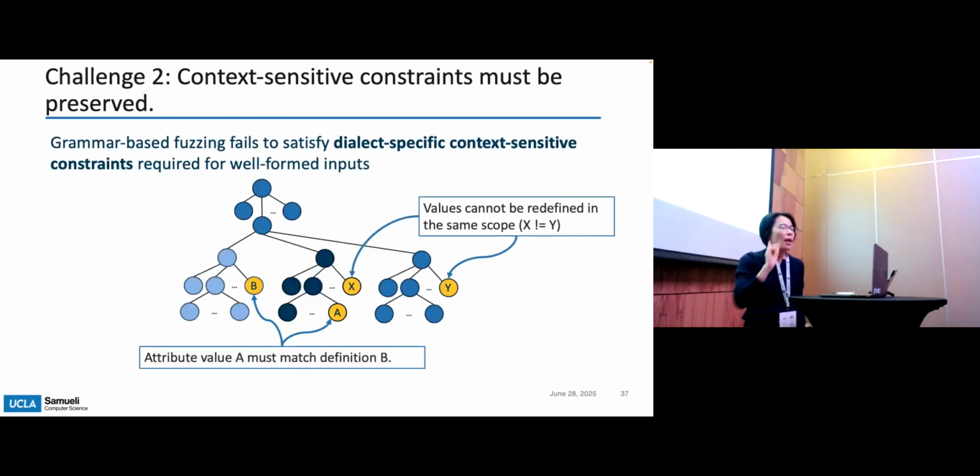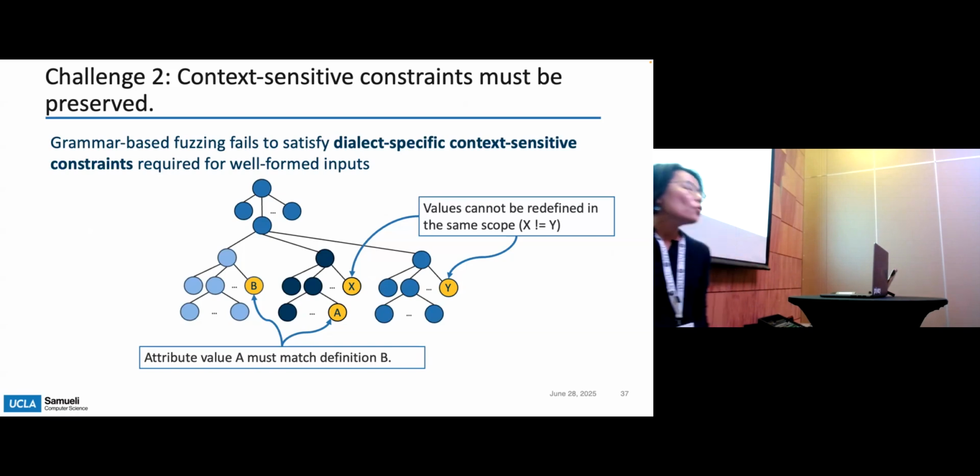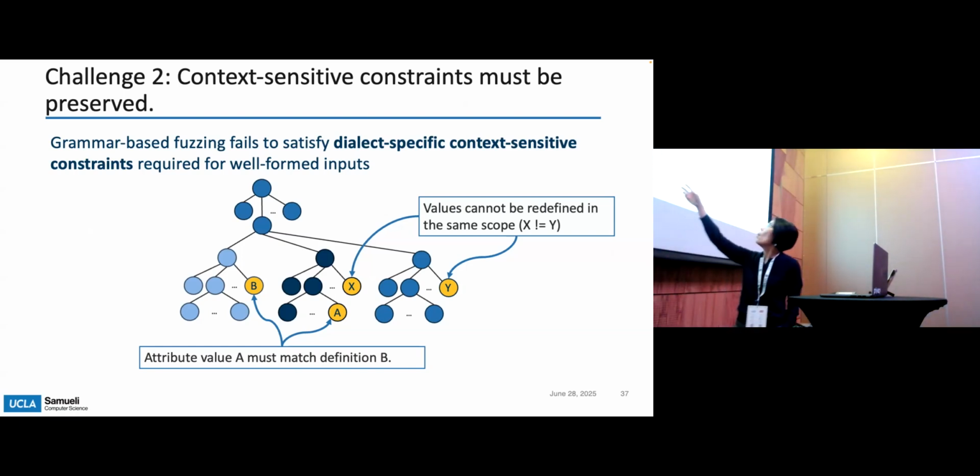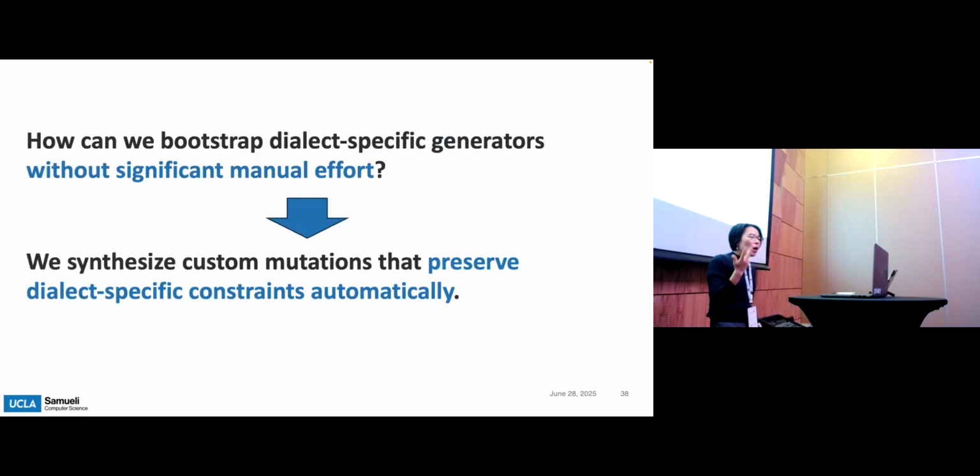The second challenge, which a lot of people in this community recognize, is that semantic constraints must be preserved during generation. In the hardware dialect, for example, similar to C or other language fuzzing domains, values cannot be redefined in the same scope, or attribute values must match the previous definition. So there's a def-use constraint. So the question is, how can we bootstrap this dialect-specific generator without significant manual effort?